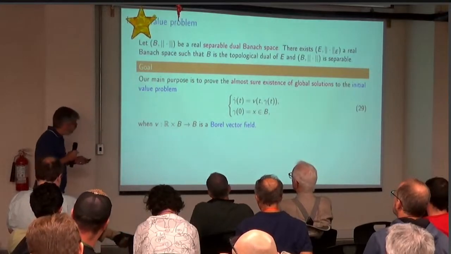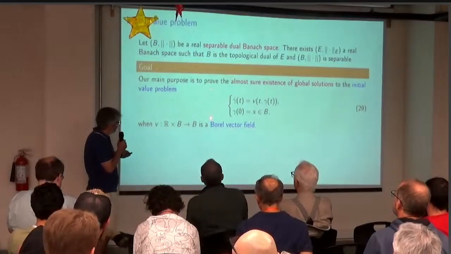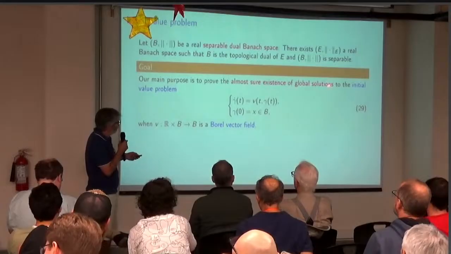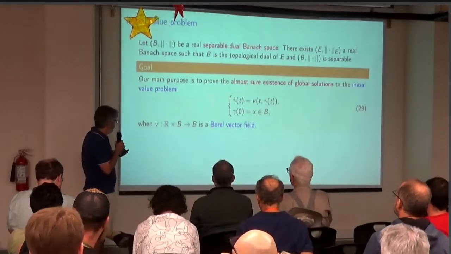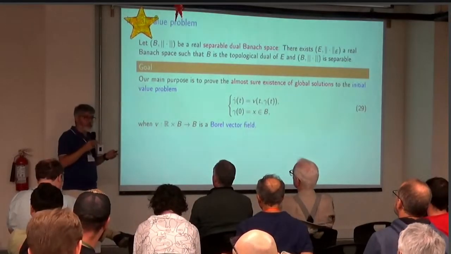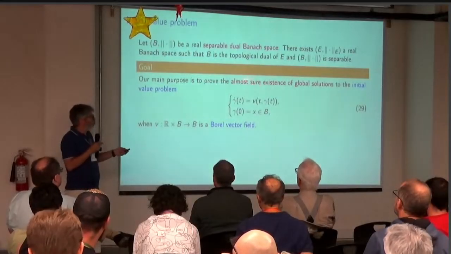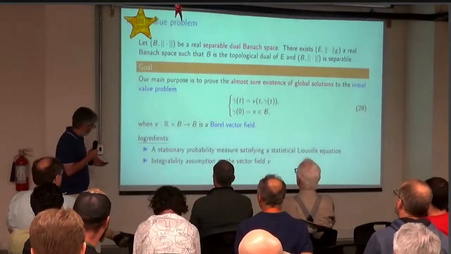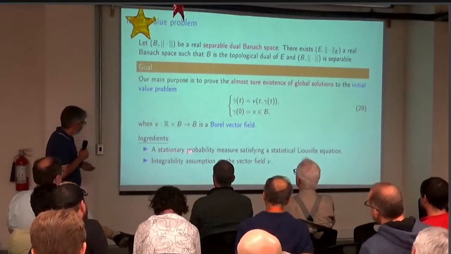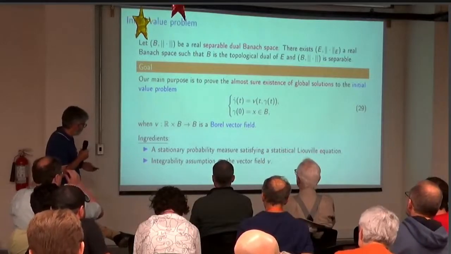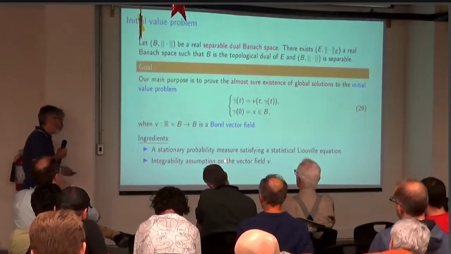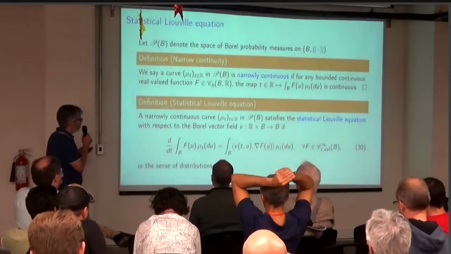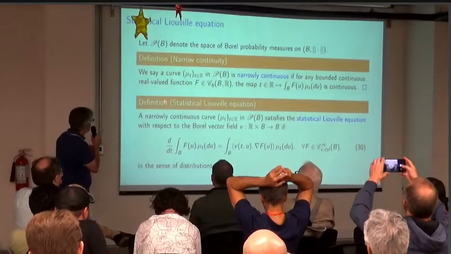Our main purpose is to prove the almost sure existence of global solutions to these initial value problems, similar to the Peano theorem, but since it's almost sure, you need a measure. We're going to use a stationary probability measure satisfying the statistical Liouville equation, and some integrability assumptions on the vector field. Let me explain this more carefully.